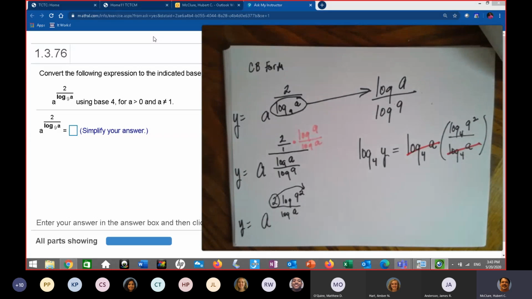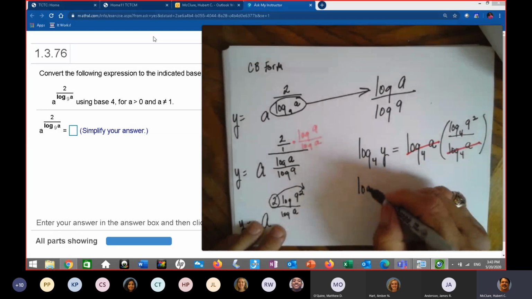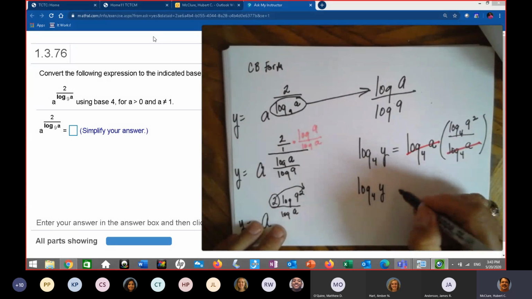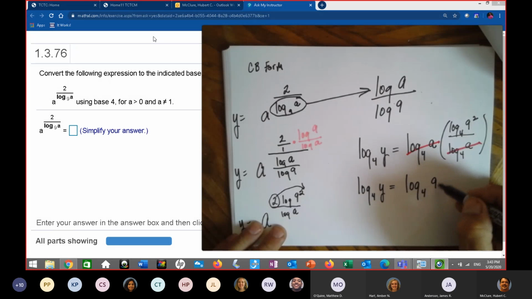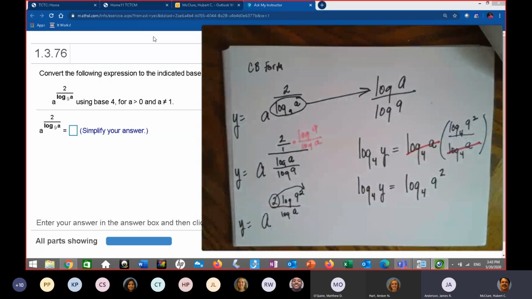And here's another ancient rule that you need to remember. Can somebody tell me what the rule is right here? Does anybody know the ancient rule of logarithms here? If they're the same, they're both equal to the same thing.